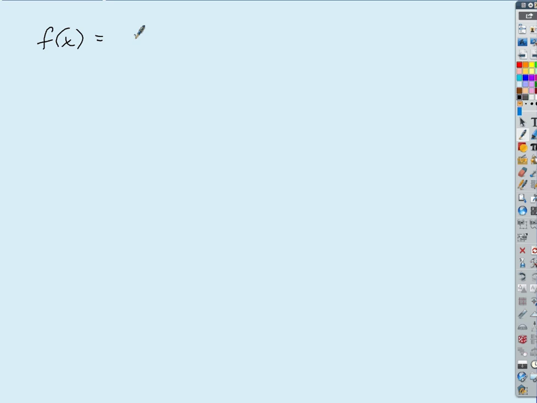It's going to look like one half times the quantity x minus 1 squared, minus 3. Where do you think the vertex is of this parabola? 1, negative 3 is exactly it.